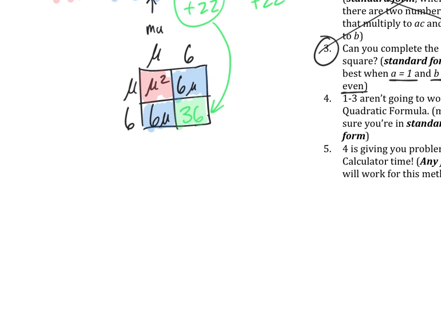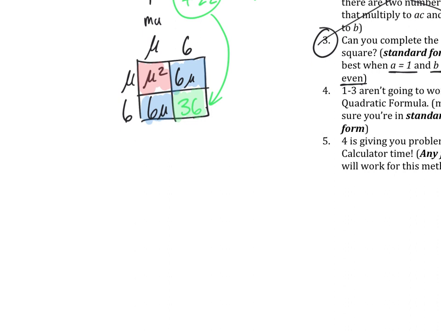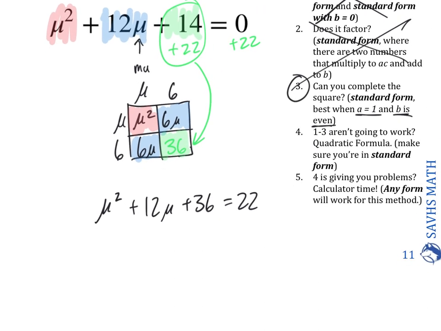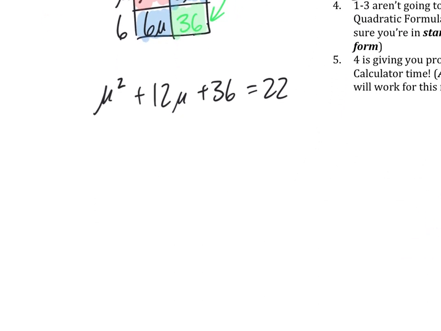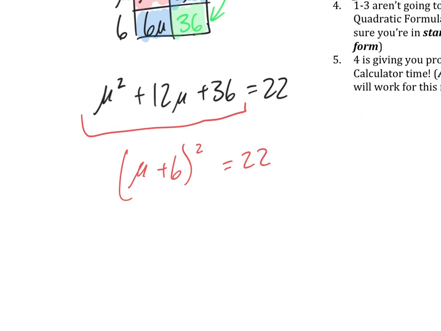So rewrite. What we have now is mu squared plus 12 mu plus 36 equals 22 because we added it to both sides. Now on this side, this whole thing is a perfect square. It is the perfect square mu plus 6 squared equals 22.